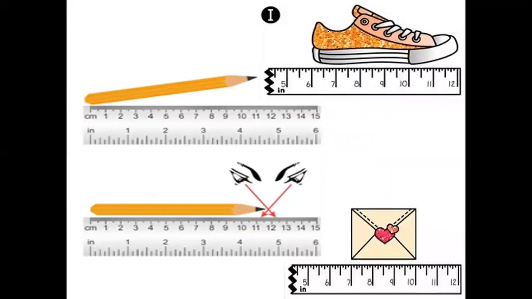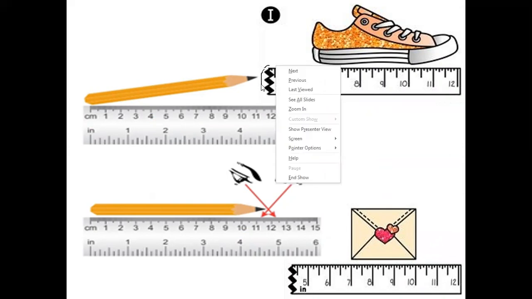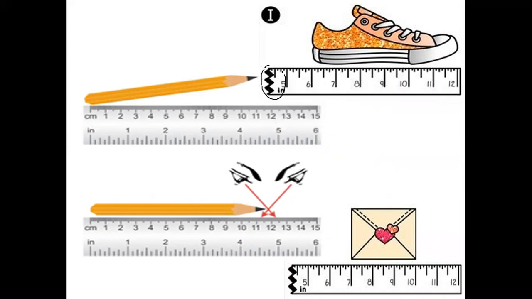Now, this is the first point. See, this scale is broken, so we should start from another point. So they are starting from 6 centimeter and ending at 12 centimeter.